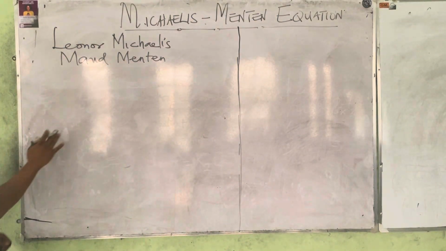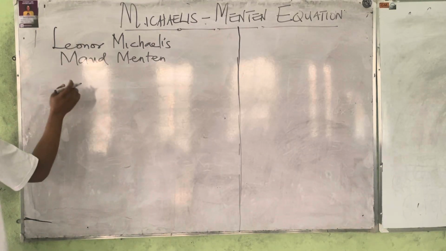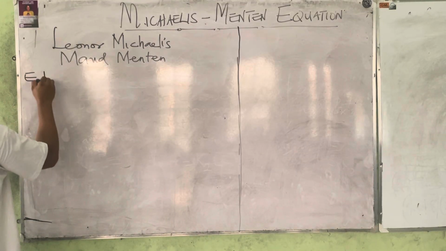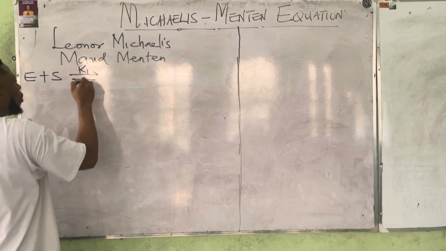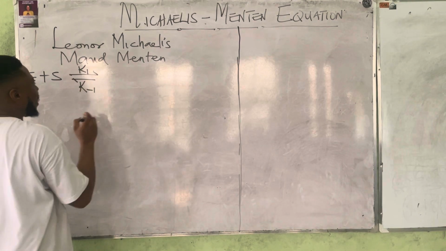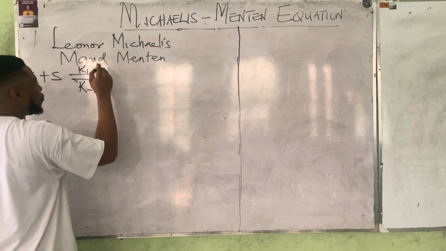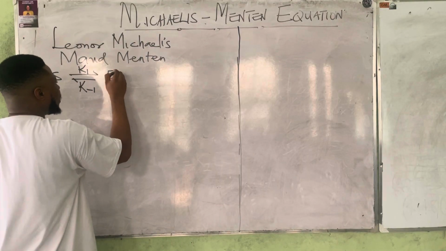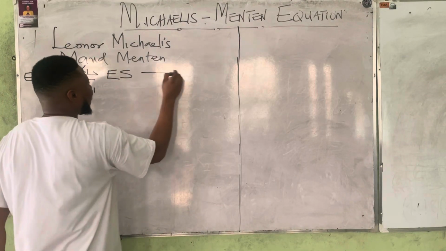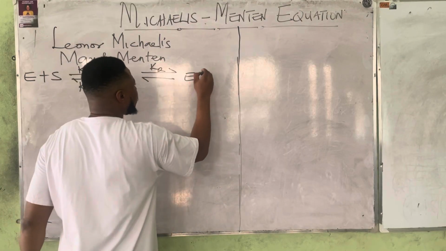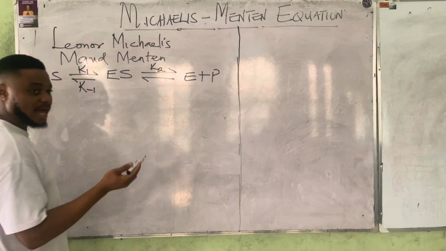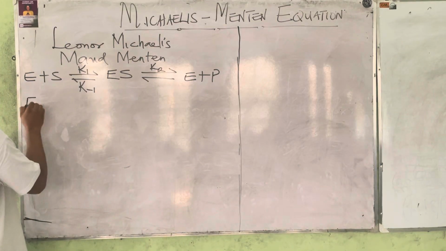We'll start with an equation: E plus S, a reversible sign, with K1 at the top and K minus 1 at the bottom, which gives us ES. Then another reversible sign with K2 at the top, giving E plus P. Are we together? Now, what is your E?